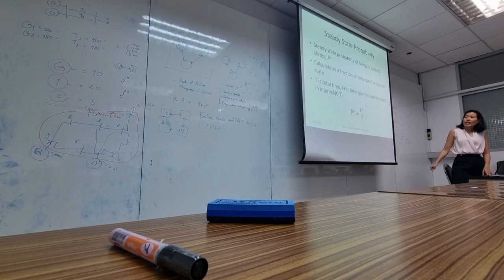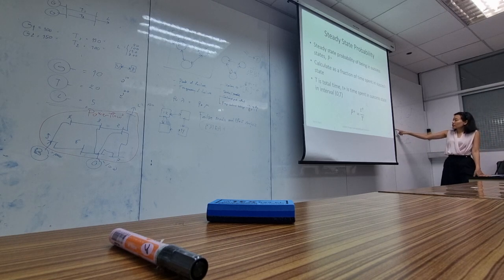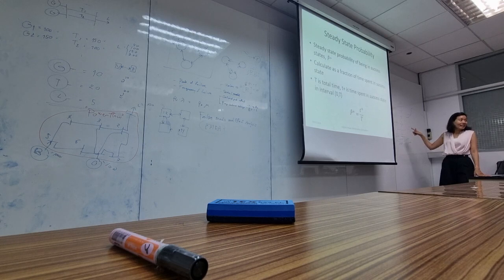How? For the steady state probability, when we construct the history of the system, we can find the time that is spent in the success states. We just add up those times and divide by the whole time that we run the simulation. That gives us the probability. Okay, as simple as that.